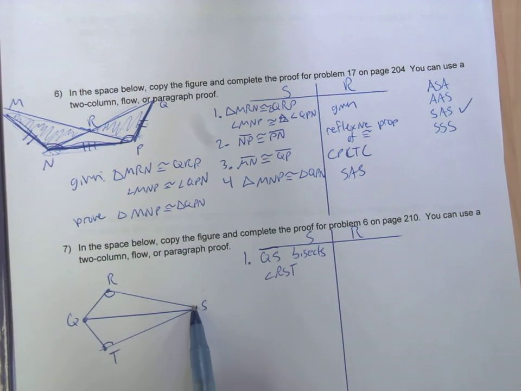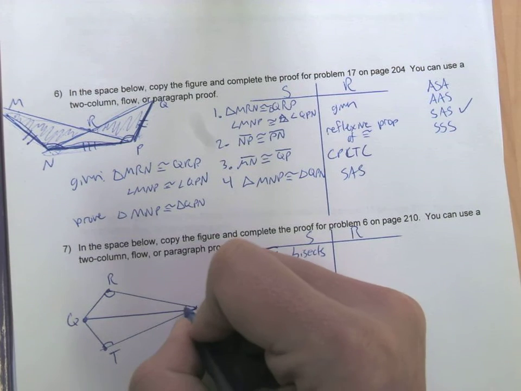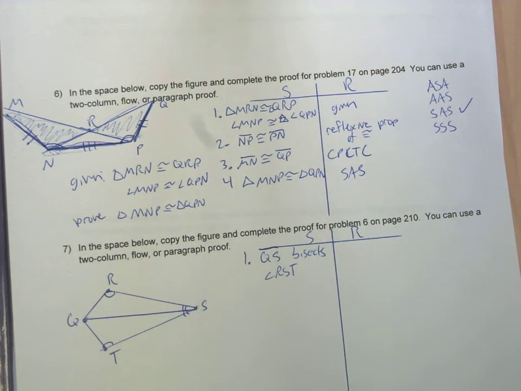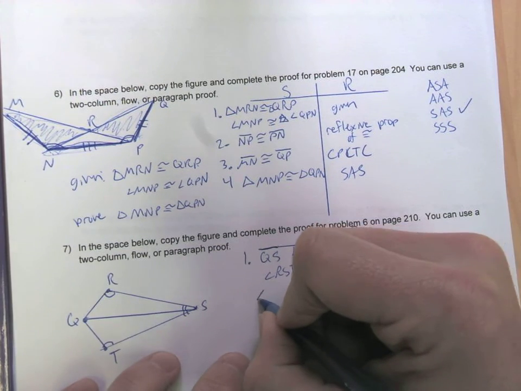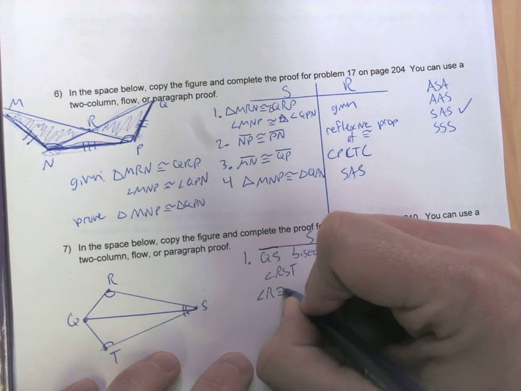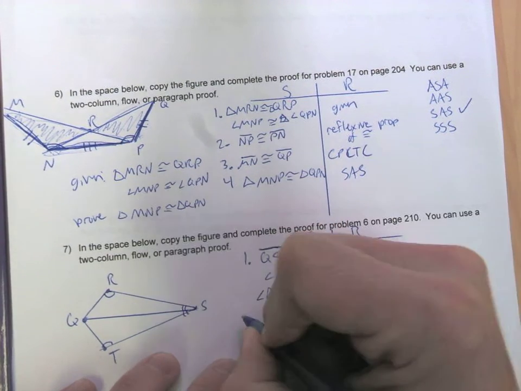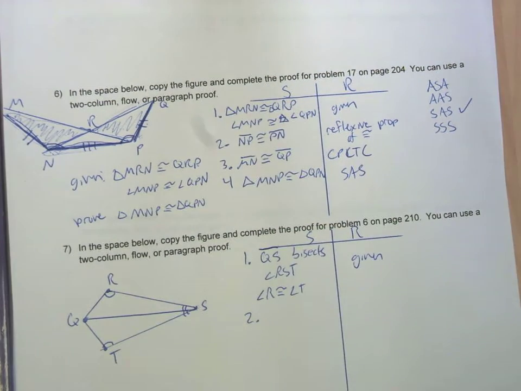So here's QS, right? And it bisects RST, which tells us that these two angles have to be congruent to each other, because bisects means cut in half, okay? So we have that. Now the other thing that they gave us is angle R is congruent to angle T, okay? And all that was given. So that's where we're starting.